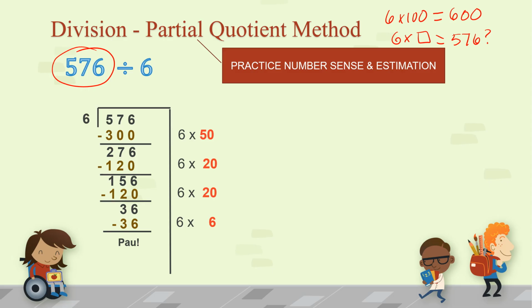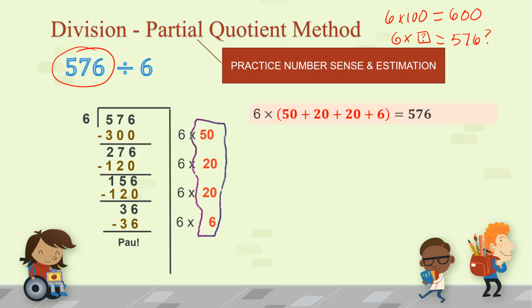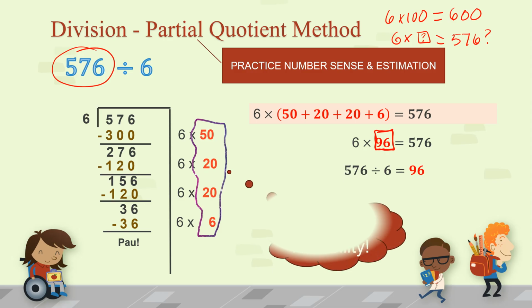So to think about that missing factor, 6 multiplied by 50 plus 20 plus 20 plus 6, that would be 6 times 96. 6 times 96 is 576. That's the missing factor. So by the virtue of that multiplication problem, we say the quotient is 96.